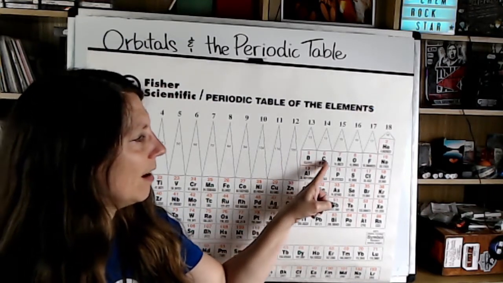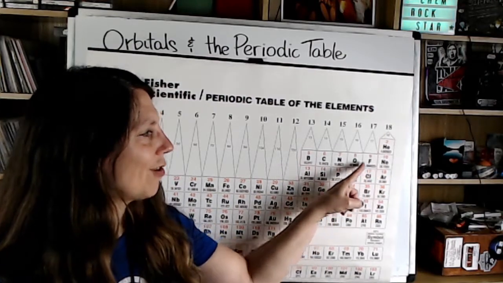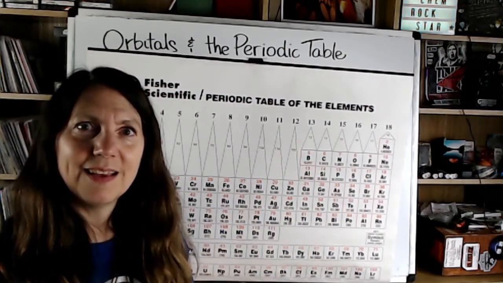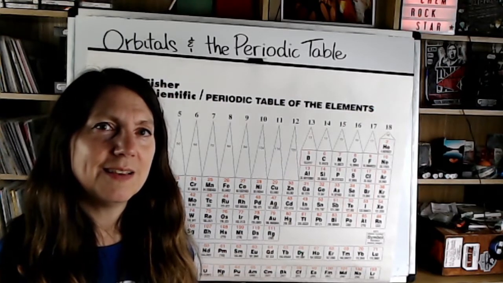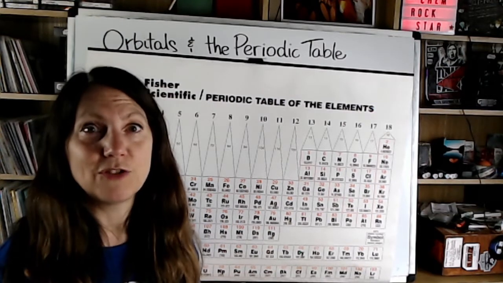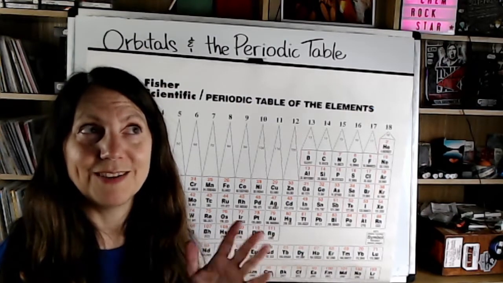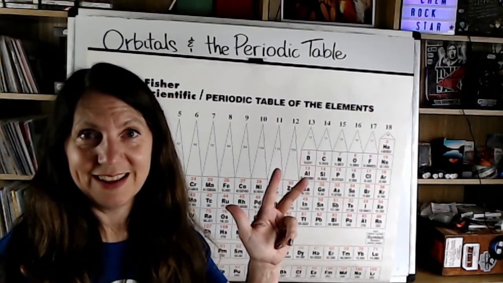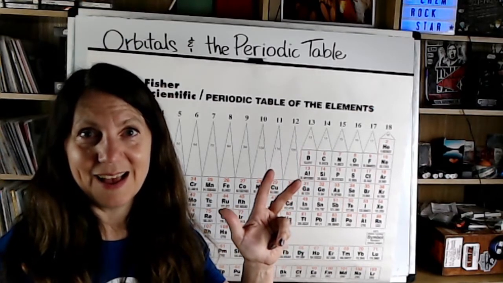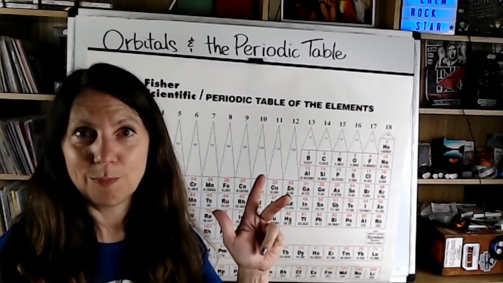Now notice here how there are 6 elements across. How many p orbitals are there? How many different configurations of p orbitals are there, different orientations? We saw that there are 3, at m sub l minus 1, 0, plus 1.